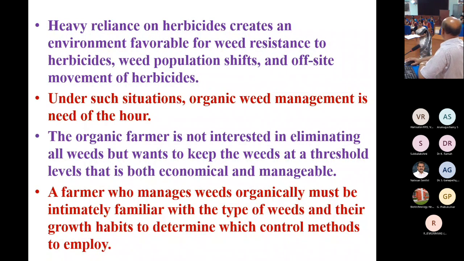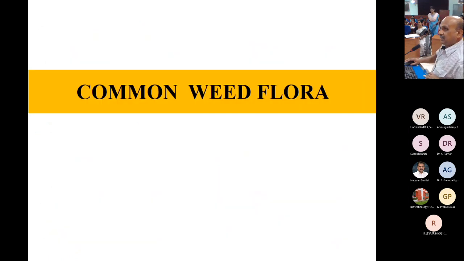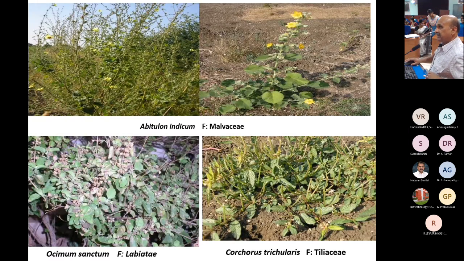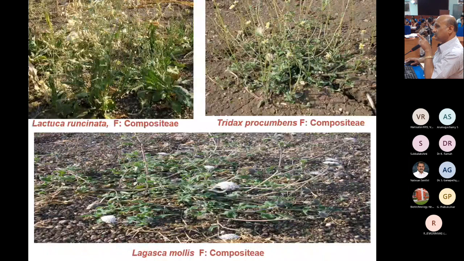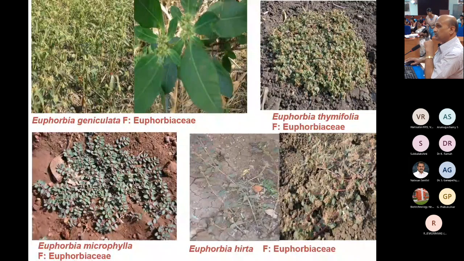The Government of India is also focusing on encouraging organic farming and natural farming, looking at the bad effects of chemicals used in agriculture, including fertilizers. So these are the common weed flora found in our college. I will not go into detail, just pass the slides here. Almost all these weeds are also found in your place.